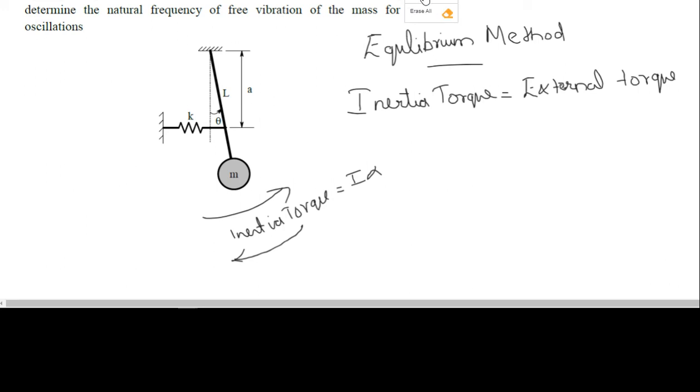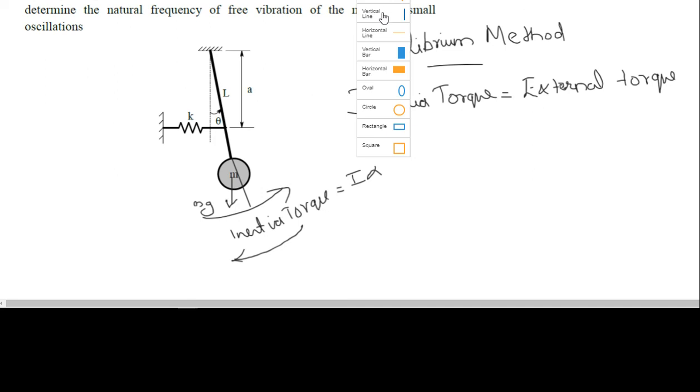So these are the two torques acting, and in order to solve this, we have to consider the forces acting. We know the mass M will have a weight acting in this direction, that is mg, and that mg will have two components: one in the horizontal direction, the other in the direction along the string.